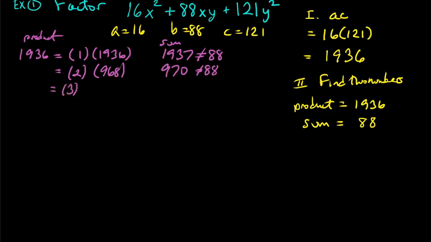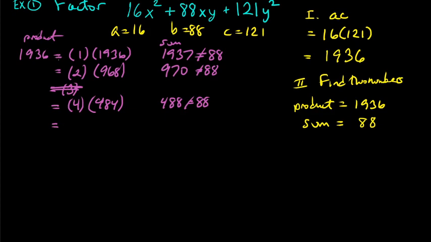So if we divide by 3, can we divide by 3? Actually, no, it doesn't divide evenly by 3, does it? So we can skip that one. Let's divide by 4. When we divide by 4, we get 484. So 484 plus 4 is 488, which is not 88, so we have to keep going.